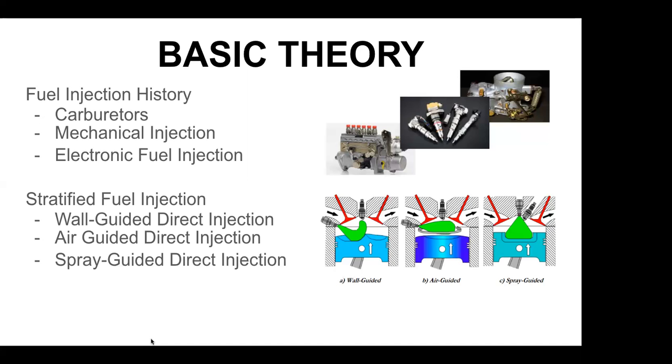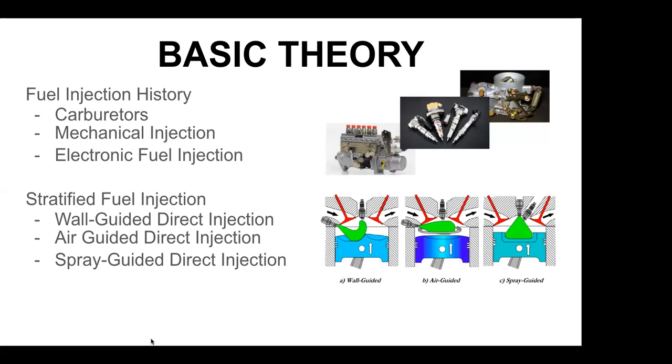And then we have fuel stratified injection or direct injection, which shoots fuel inside the combustion chamber. Within this direct injection, we have what is called wall-guided direct injection, air-guided direct injection, and spray-guided direct injection.